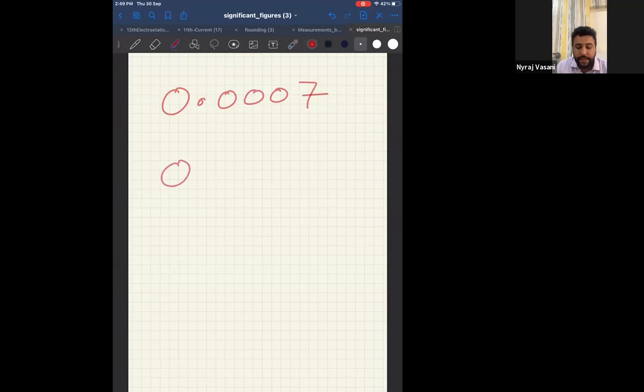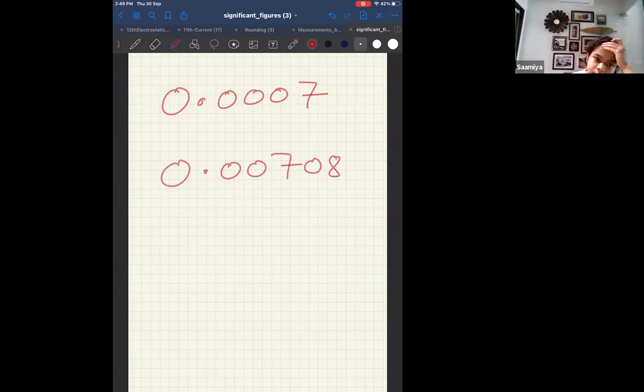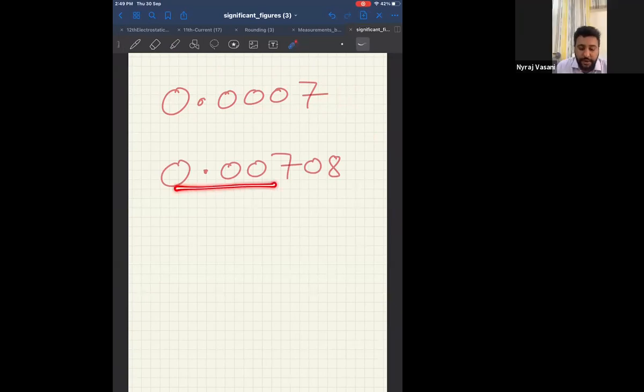For example, 0.00708. Tell me, how many significant figures in this case? 3. Can I say these are not significant because these come before the first non-zero number? This is anyway significant. This is also significant.